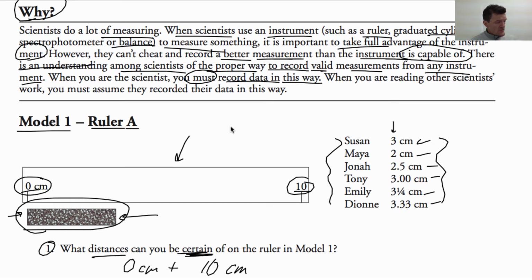Right here, you notice that Susan and Maya just made an estimate to the nearest unit. So they divided the ruler maybe into 10 parts, 10 markings, and they said, I'm going to go to the nearest centimeter. Both of them measured to the nearest centimeter. Notice here that Jonah is going to the nearest half of a centimeter.